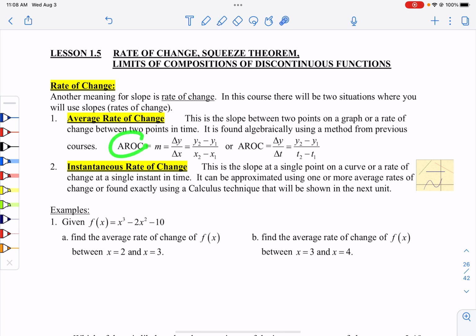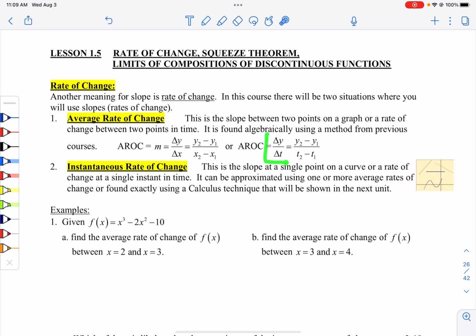So the average rate of change is the same thing as the slope, which is the same thing as our change in y. How much we change up and down goes on top. How much we change left to right goes on the bottom. The actual formula looks like this: y2 minus y1 over x2 minus x1. That is your average rate of change. That's the slope formula you've been using for years.